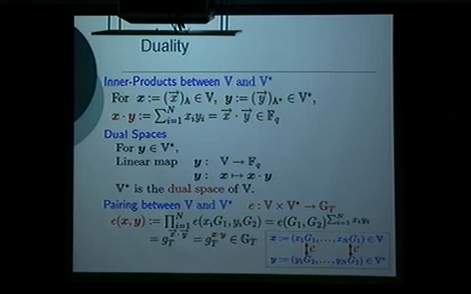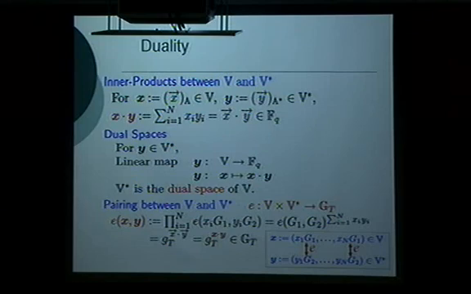The pairing over G1 and G2 is already defined. Then we use such element-wise pairing for the pairing operation over V and V star. The pairing of an element in V and an element in V star can be defined this way.